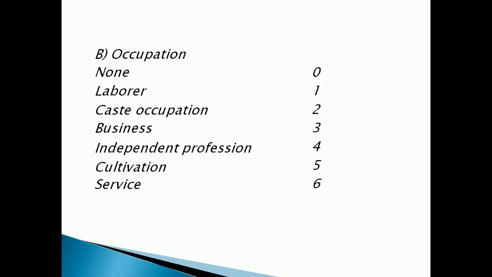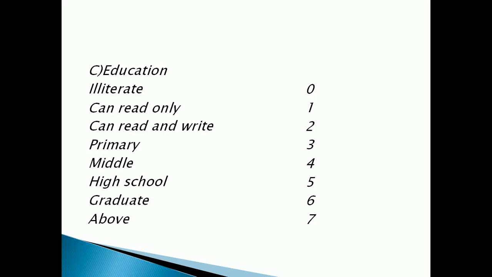Next component is occupation: if the person is not doing any occupation 0, laborer 1, and service 6. Then coming to education: if the person is illiterate 0, can read only 1, can read and write 2, primary 3, middle school 4, high school 5, graduate 6, above 7.